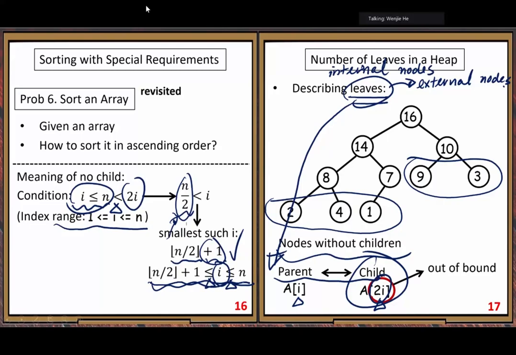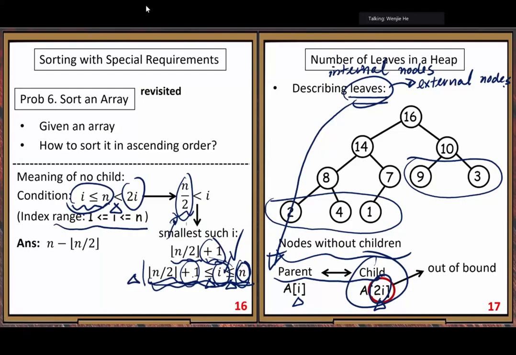The answer, very simple. The answer is n minus what? Minus floor function of n over 2. No plus 1. Because this lower bound number should be included. So actually we use the upper bound minus the number right before this lower bound. It's not the upper bound minus lower bound.